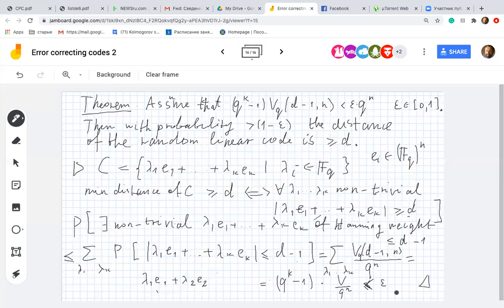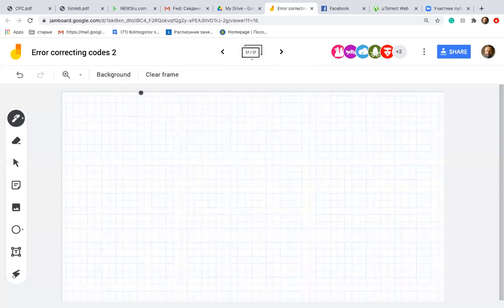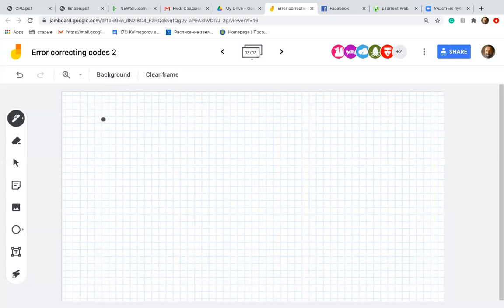So the message corresponds to lambda_1, ..., lambda_k, and the encoding is just computing this sum. So the encoding algorithm applied to the k-symbol message just outputs the corresponding linear combination.